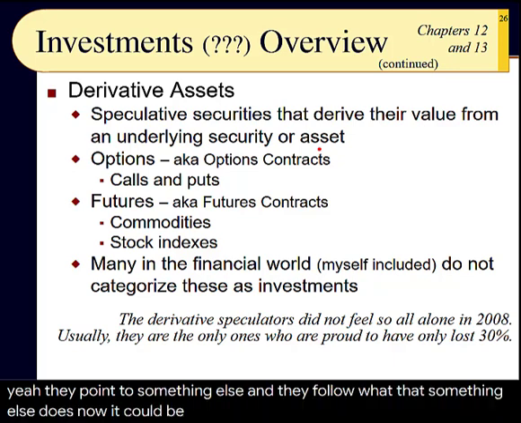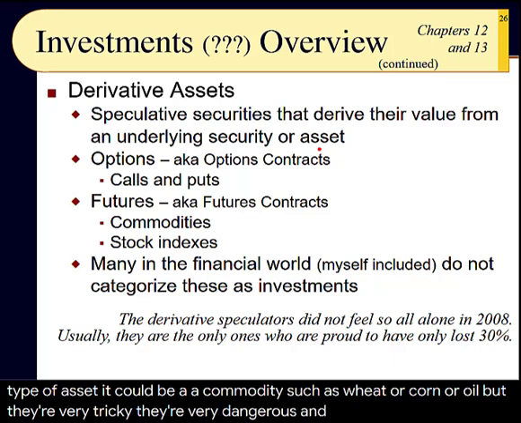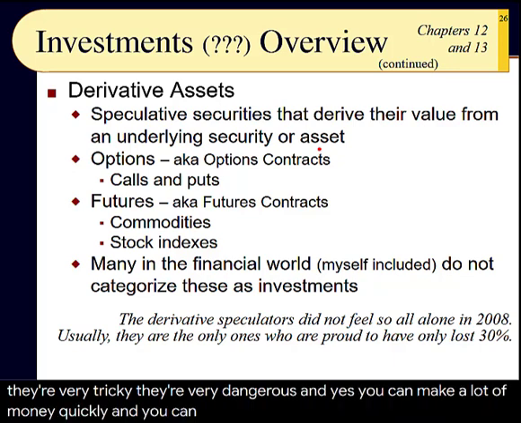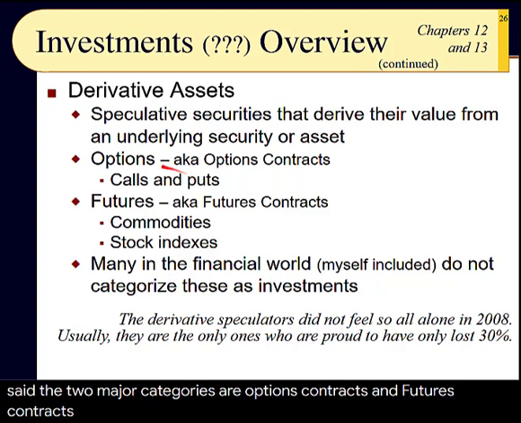Now, it could be a stock, it could be a bond, it could be another type of asset, it could be a commodity such as wheat or corn or oil, but they're very tricky, they're very dangerous, and yes, you can make a lot of money quickly and you can lose all that money very quickly. And as we said, the two major categories are options contracts and futures contracts, mostly called options and futures.